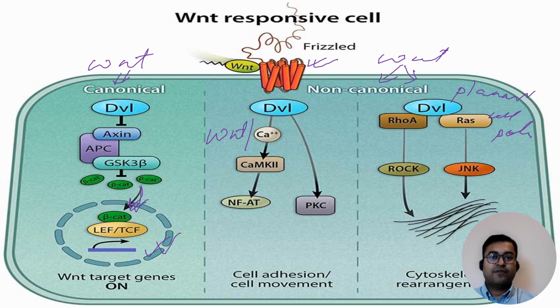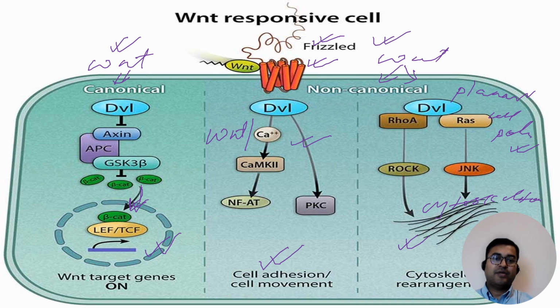In the Wnt Ca2+ pathway, this is going to affect cell adhesion and cell movement. In the planar cell polarity pathway, this is going to affect the cytoskeleton structure, or it might induce cytoskeletal rearrangement inside the cell. So based on what kind of Wnt ligand is binding to the receptor, it might have multiple effects on the target cells.